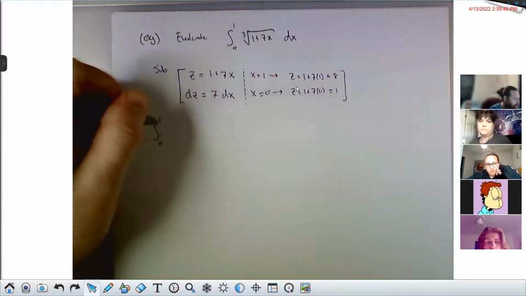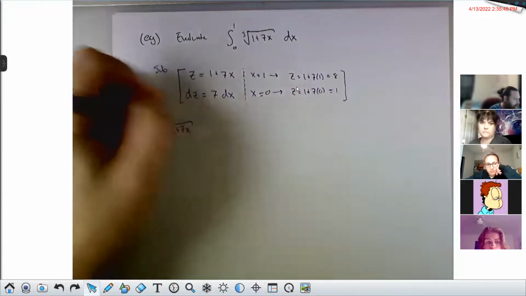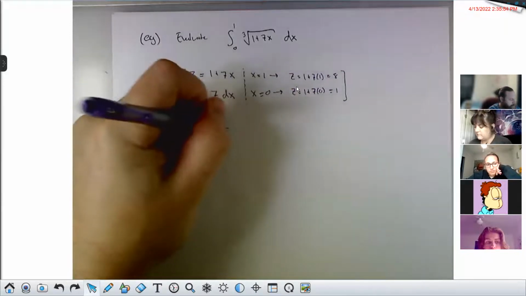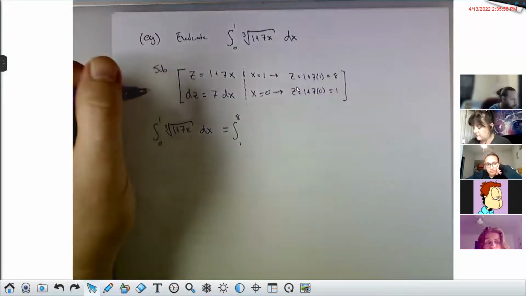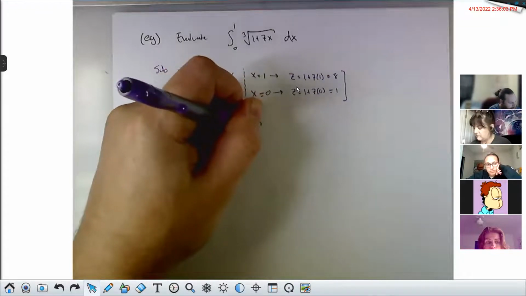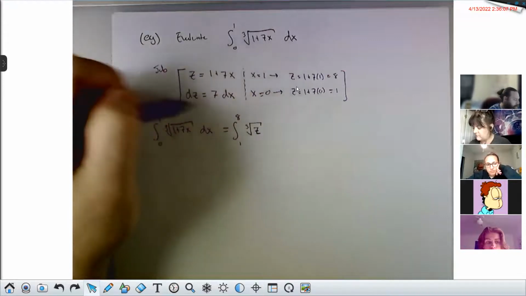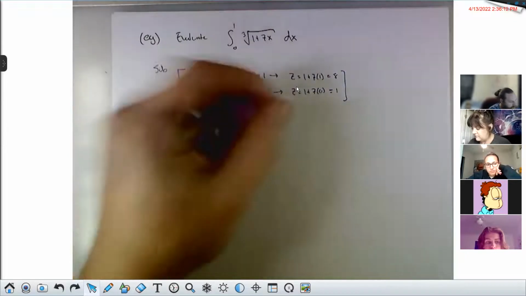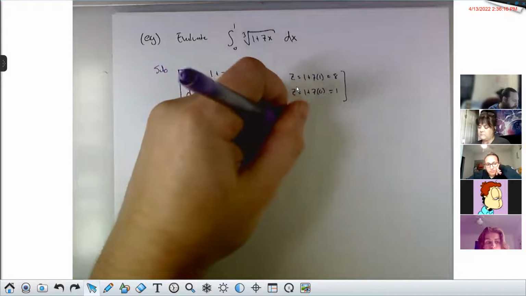When we do this, the integral 0 to 1, cube root 1 plus 7x dx, my original integral, is going to become the integral from 1 to 8 of the cube root of z, and then the dx is going to be 1/7 dz, right? If I divide both sides by 7 here, I get 1/7 dz.